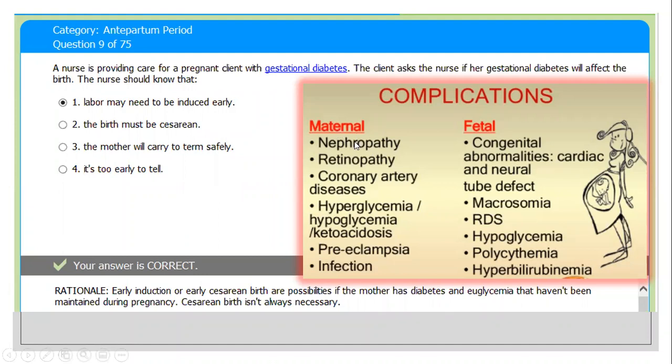Maternal chance to develop nephropathy, retinopathy, coronary artery disease, hyperglycemia, preeclampsia, or infections. Rationale said early induction or early cesarean birth are possibilities if the mother has diabetes.